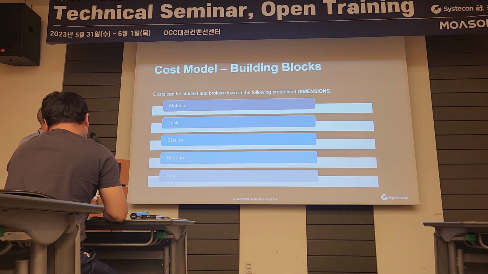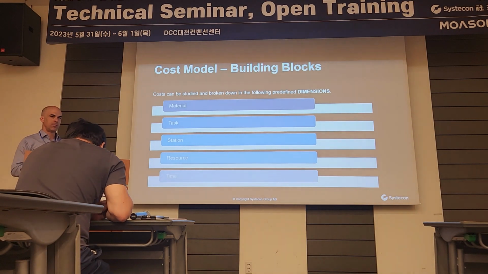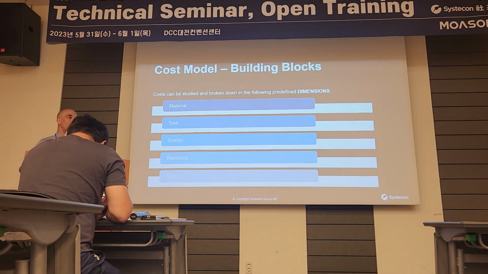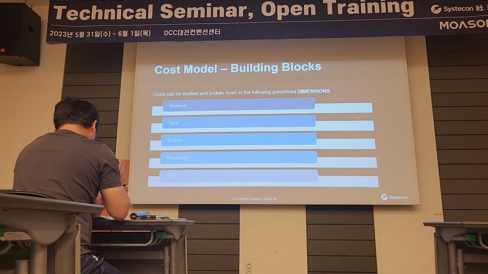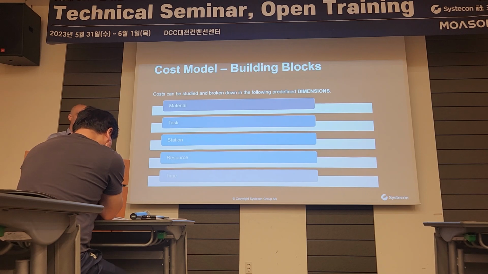And the dimensions are material, which represents anything that has to do with the product breakdown, the system. Task, which is everything that has to do with maintenance, scheduled, unscheduled.